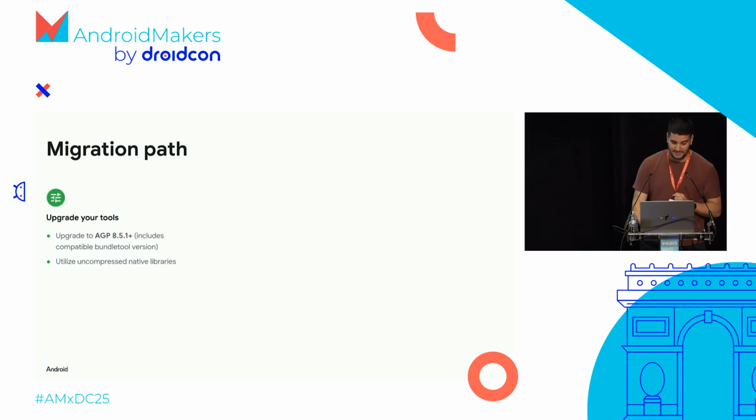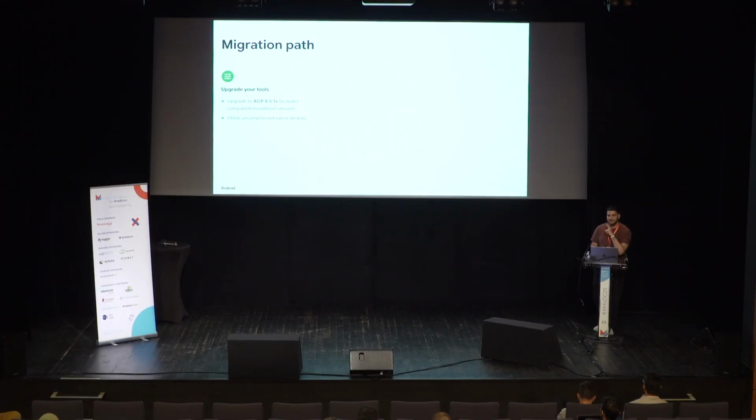So how to migrate? First, you need to make sure you're using AGP 8.5.1, and if you've watched the debugger session from this morning from my colleagues Fabien and Adarsh, you will know that having newer tooling also helps you within your day-to-day developer life.